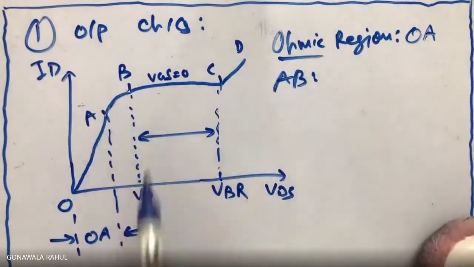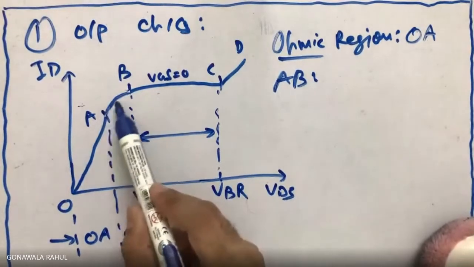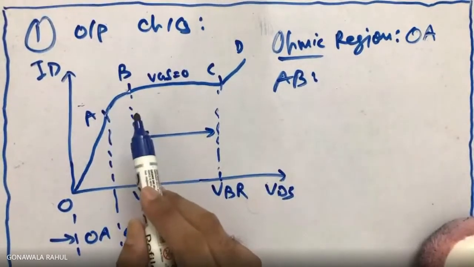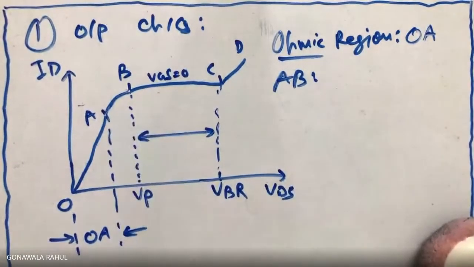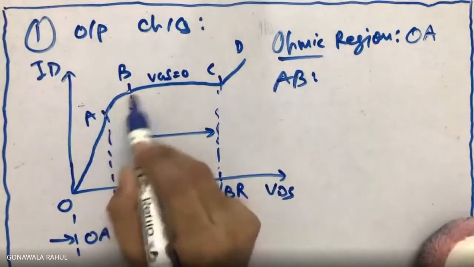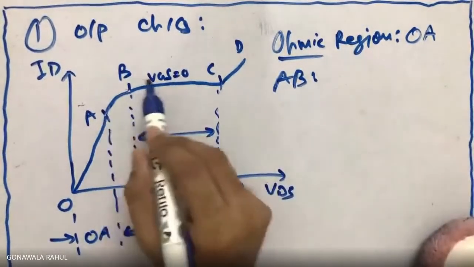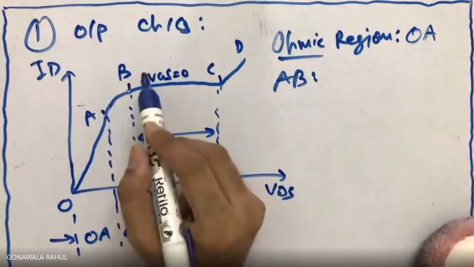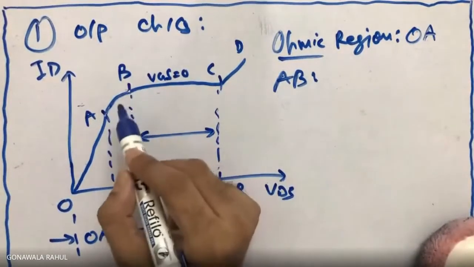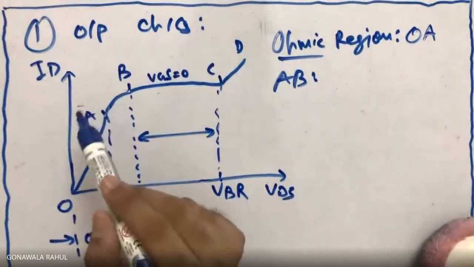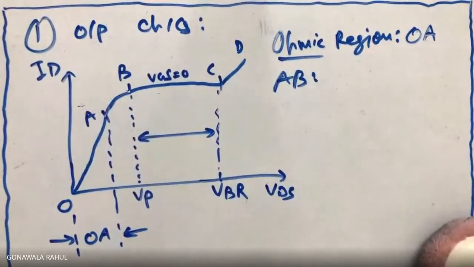Here in curve AB, ID increases at reverse square law rate with respect to VDS. So ID increases slowly compared to ohmic region. Hence, reverse bias voltage across gate to source voltage VGS also increases in curve AB.